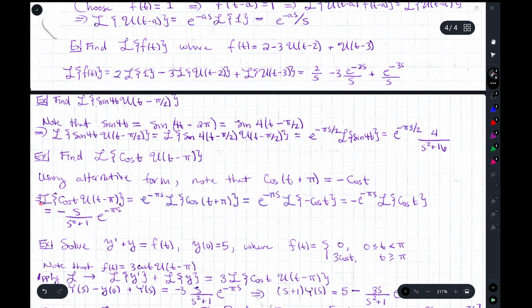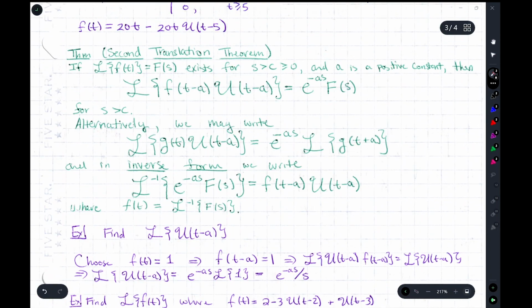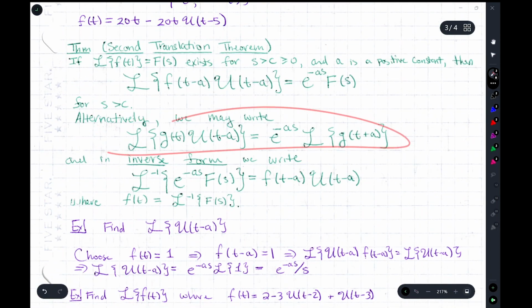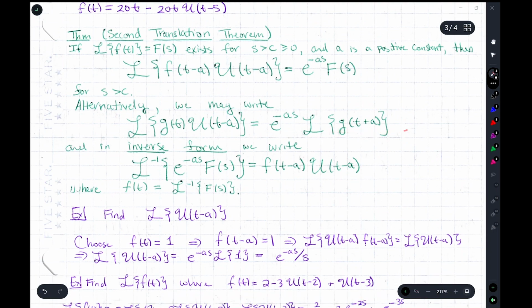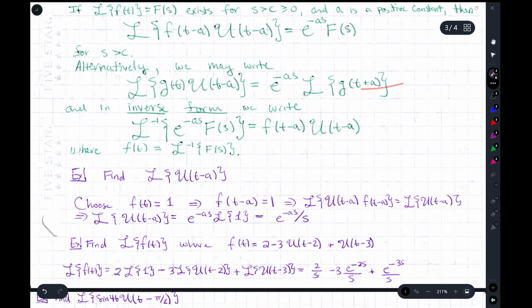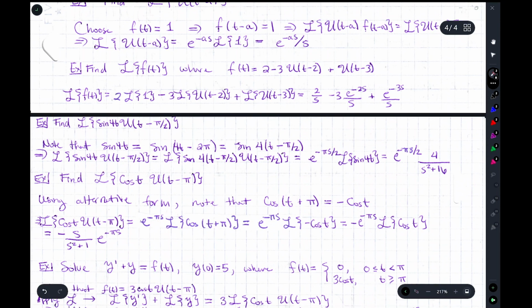And so what we could do is have the Laplace transform of cosine t times the unit step function translated is equal to e to the minus pi s, why pi, because a is pi, okay? And now we get this cosine t plus pi, again just applying this right here, okay? So we've translated cosine to t plus a, or t plus pi in our case.